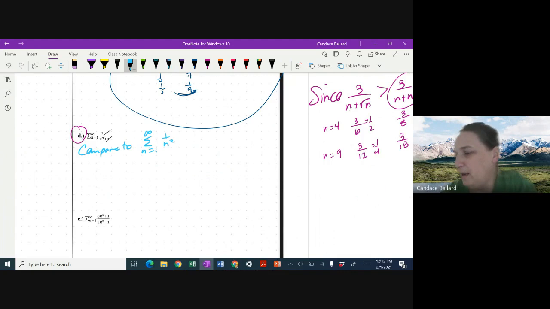Okay. So if I look at this, what kind of series is that? What kind do I have there? Is it P or is it geometric? Because that's pretty much what Mrs. Ballard picks, right? P's and geometrics. Nate says P. Do we agree with Nate?